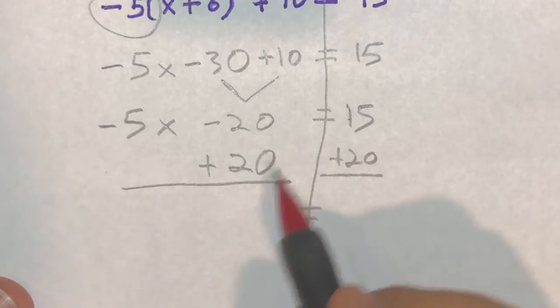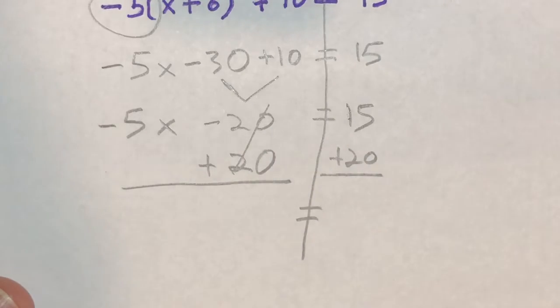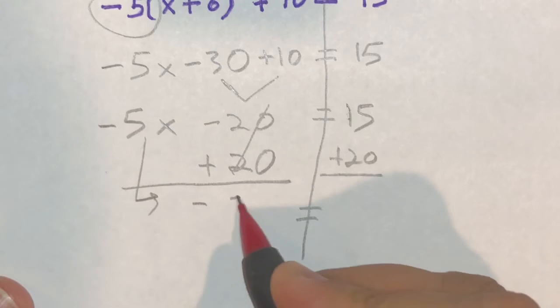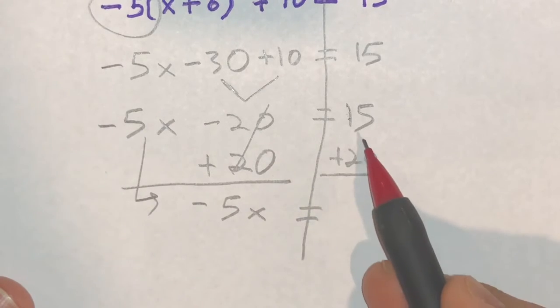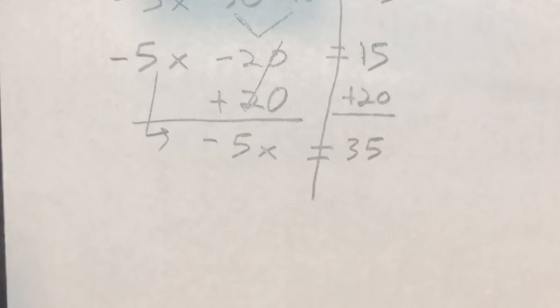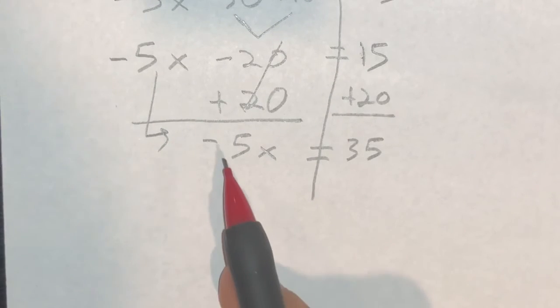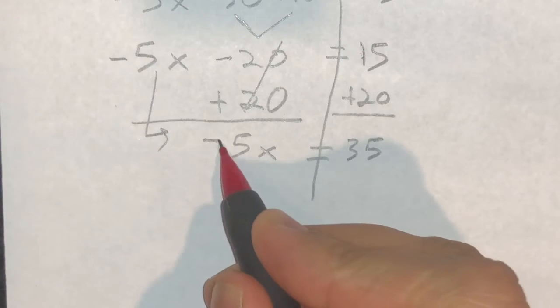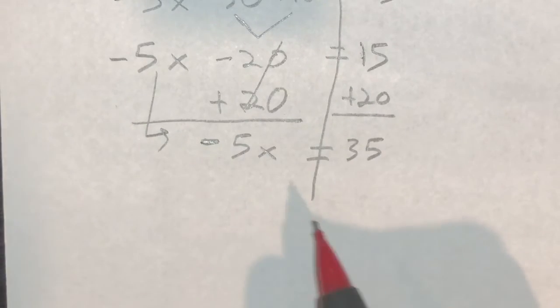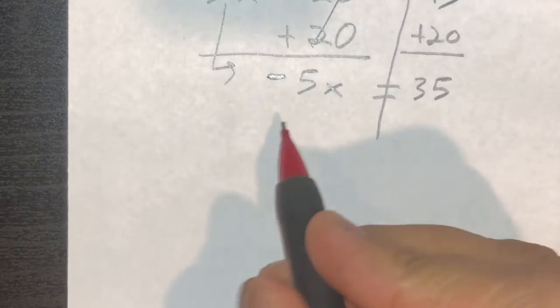Here, these are going to cross out. I bring down what's left, which is -5x. Here, 15 plus 20, that's 35. Now I'm left with -5 times x. The inverse of multiplication, we know, is of course division.